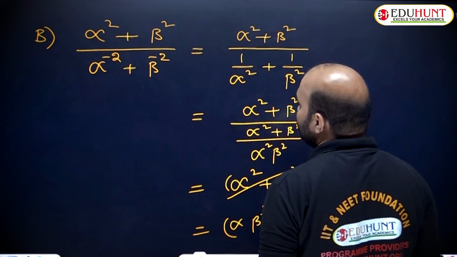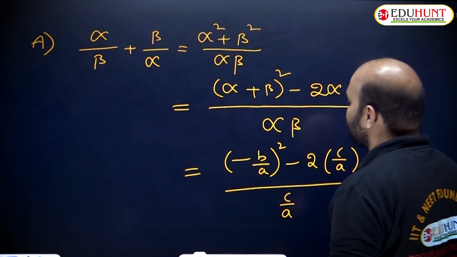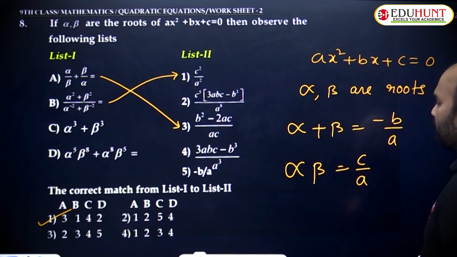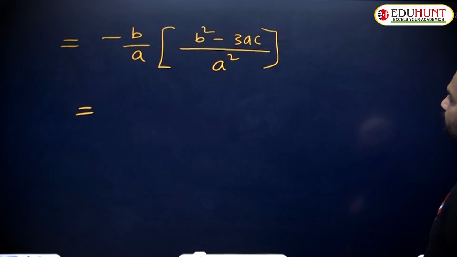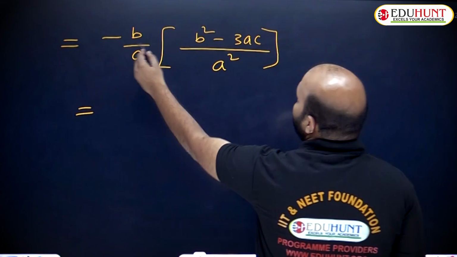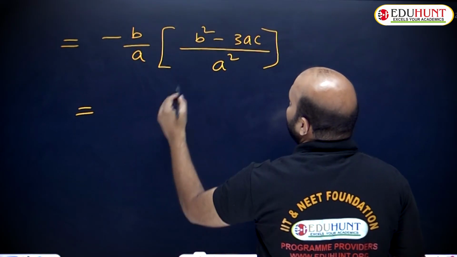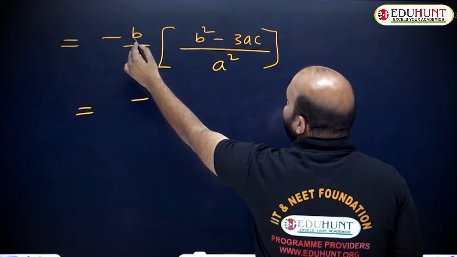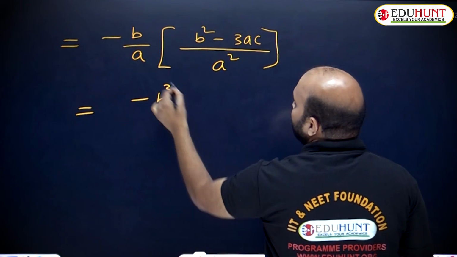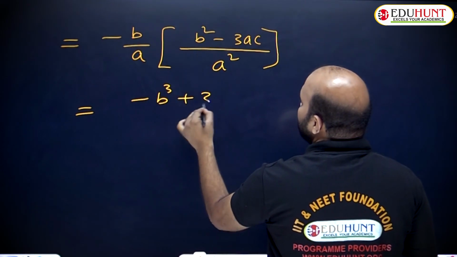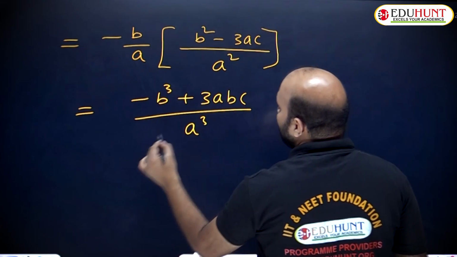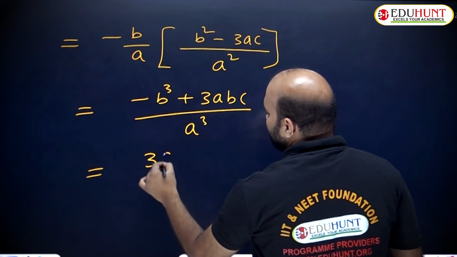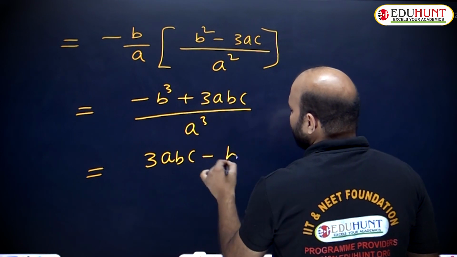So, according to the options, which option has been given? The same similarity: 3abc minus b cube by a cube. So, okay. First one: minus b into b square minus 3ac, minus b cube plus 3abc whole by a into a square, a cube. Also it can be written 3abc minus b cube by a cube.